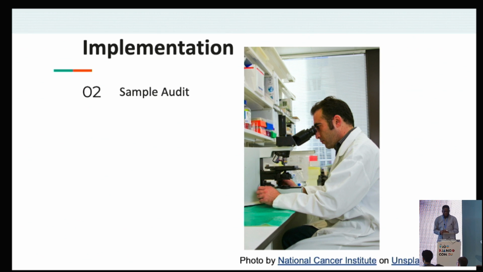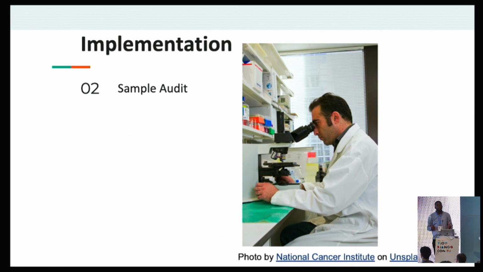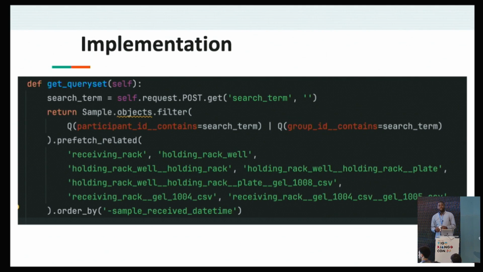The other thing we're able to do is the sample audit, which is simply looking for where your sample is stored. You send the request to query the database and find out where this sample is stored. One of the ways this was achieved was using prefetch_related. With prefetch_related, you can query multiple search fields.